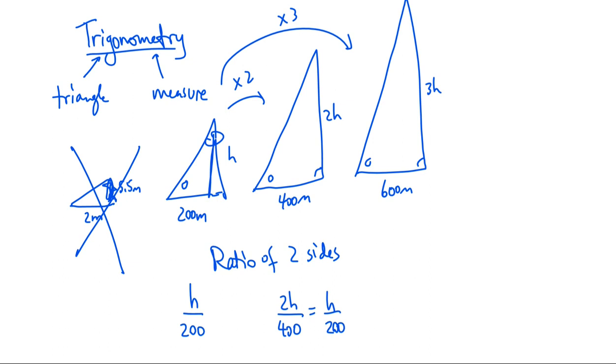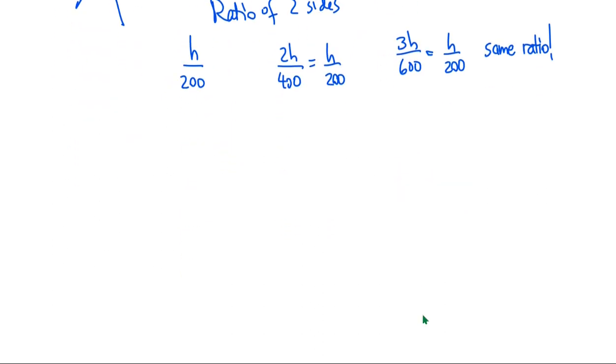And in my third triangle, my ratio of the two sides would be 3h over 600, which actually reduces to h over 200. So look what we have, similar triangles. Regardless of the size of the triangle, the ratios are the same. Regardless of how big I make the triangle, as long as I have that angle the same, the ratios are the same.